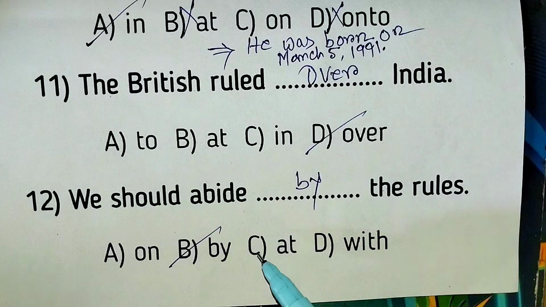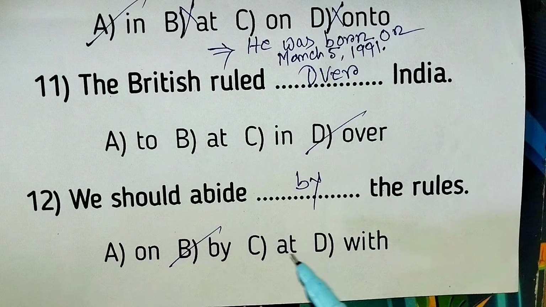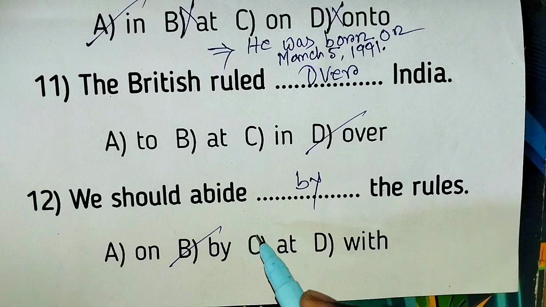Everybody should follow the rules. That's why you have to use by, not at, with, or on. It is also a prepositional phrase. So we should abide by the rules. The right choice is by.